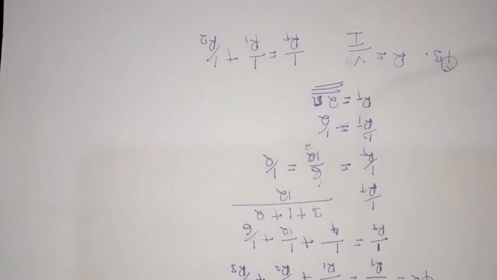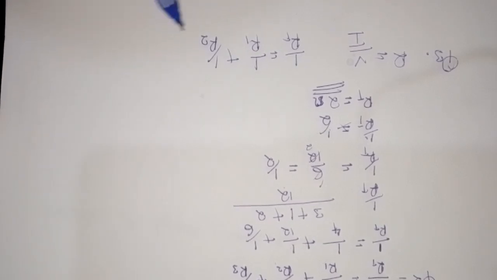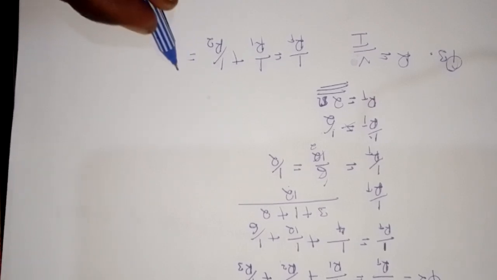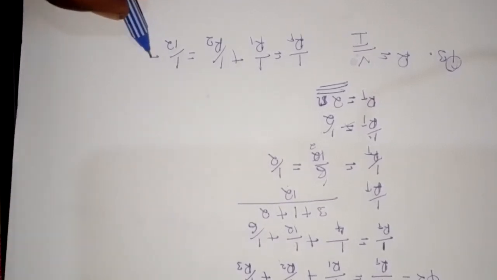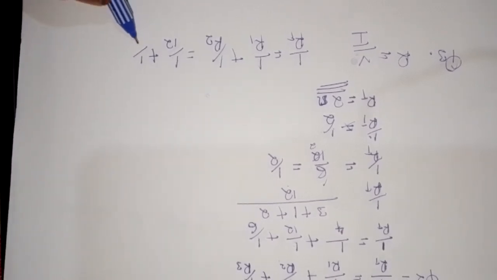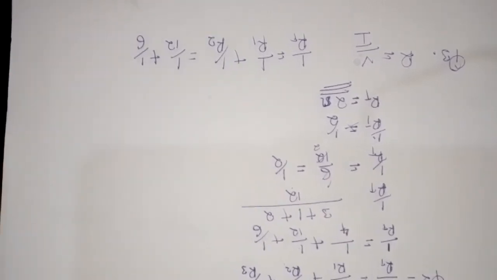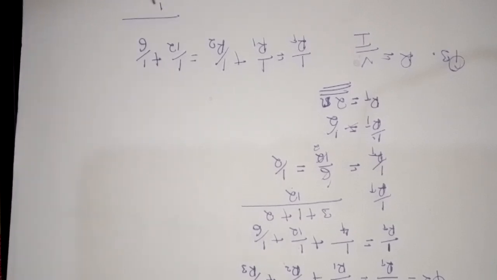We have 6 and 12 resistance, so this is equal to 1 over the 12 resistor plus 1 over the 6 resistor. We look for a common denominator, it's 12.